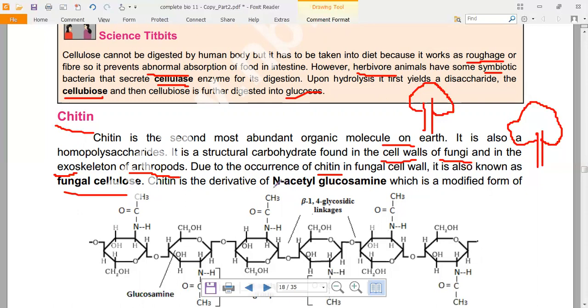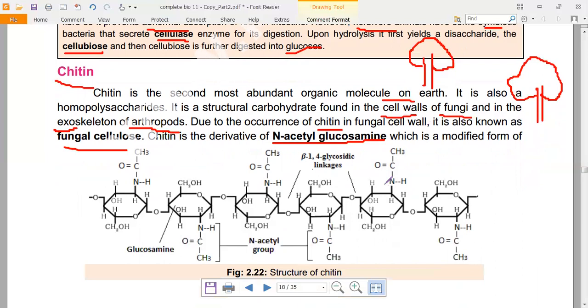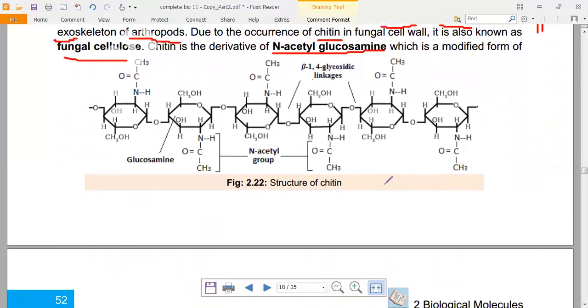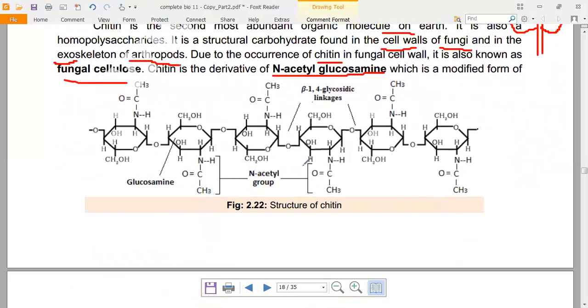it is a derivative of N-acetyl glucosamine, which is the modified form of glucose. So here the structure is the same, the linkage is the same, 1,4, but it is beta glucose here, and the linkages you can see here are upside and here downside.